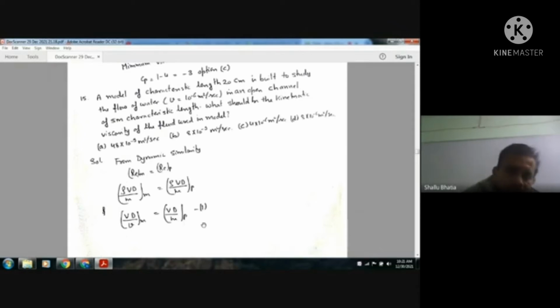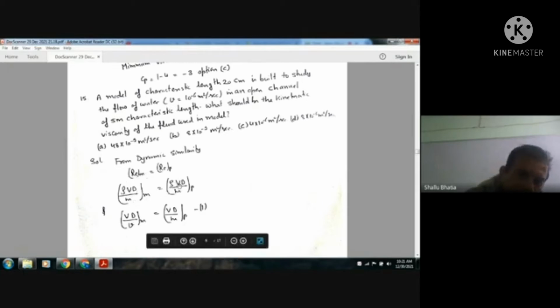Now for dynamic similarity, we should have the Reynolds number of model and prototype the same. So the Reynolds number of model is rho v b by mu m, and this is for the prototype. Changing mu by rho into kinematic viscosity, here is the kinematic viscosity.